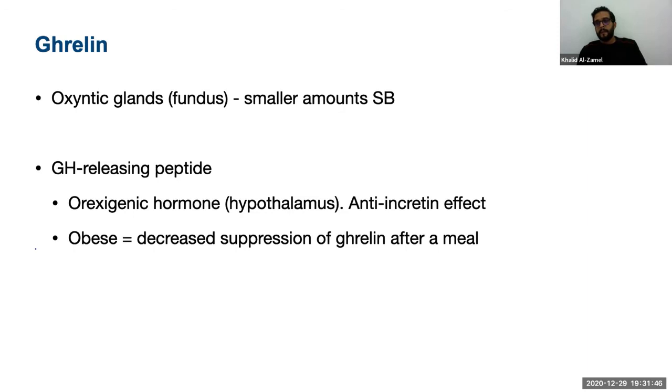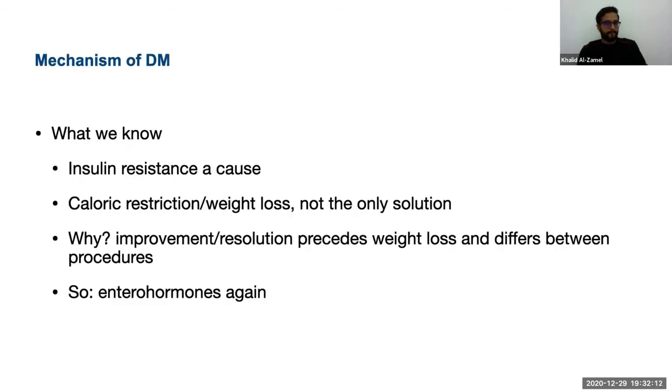At the same time, it has an anti-incretin effect, so it is bad for insulin. In the obese patient, they found a decreased suppression of ghrelin even after a meal. And this is where the sleeve gastrectomy would be good for such patients, because decreasing the ghrelin would lead to good results in terms of metabolism.